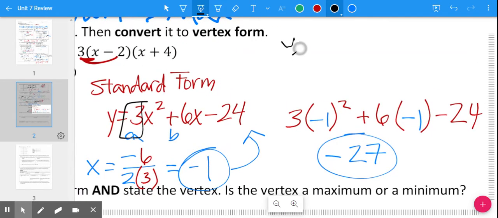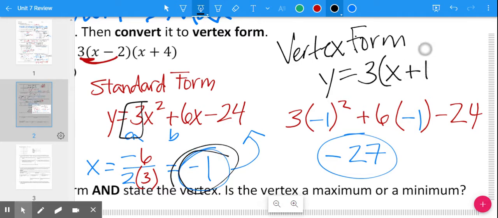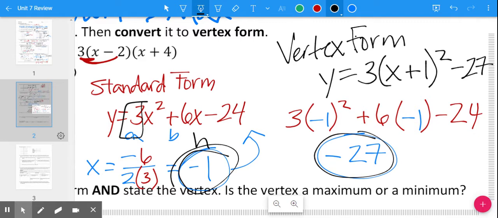So our vertex form is y equals a is 3, x minus h, which is that negative 1. When you minus a negative, you're adding, squared, plus k. Remember the h value and the x value are the same thing. When you plug in and solve for y, you're solving for the k.